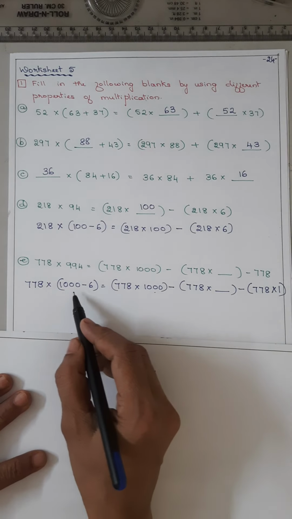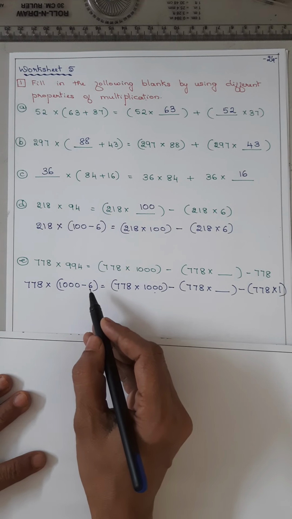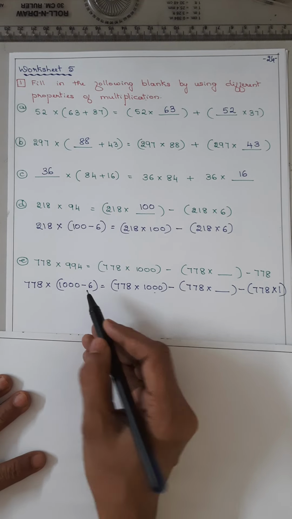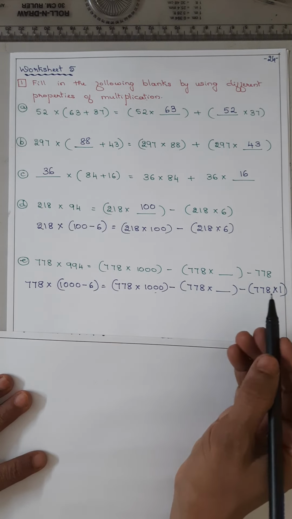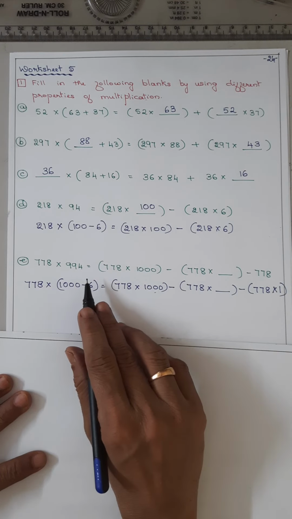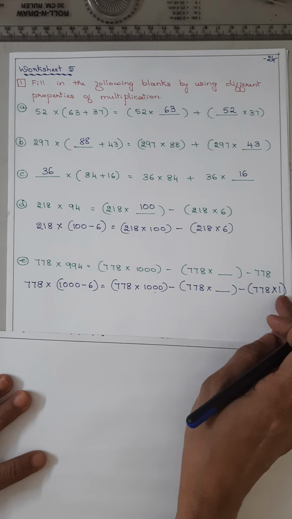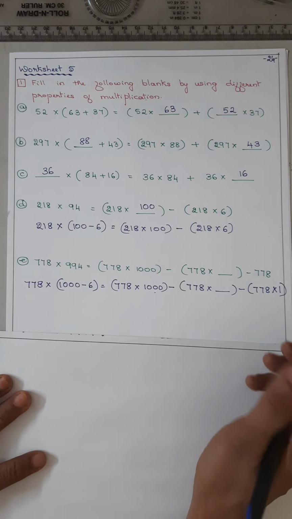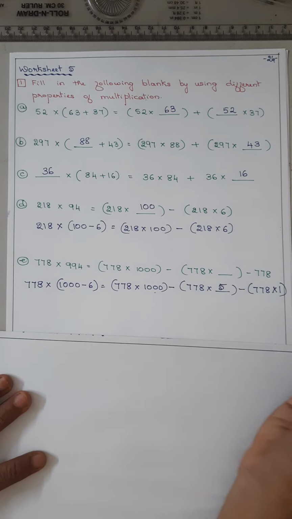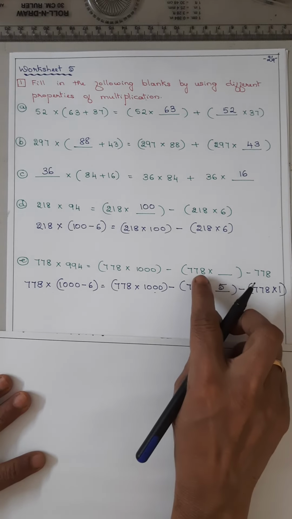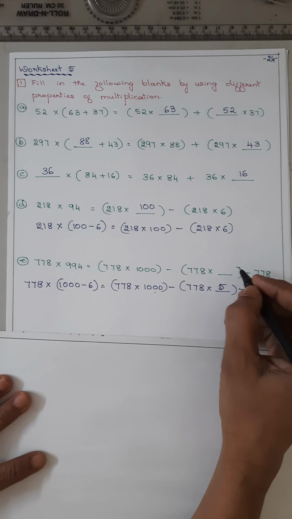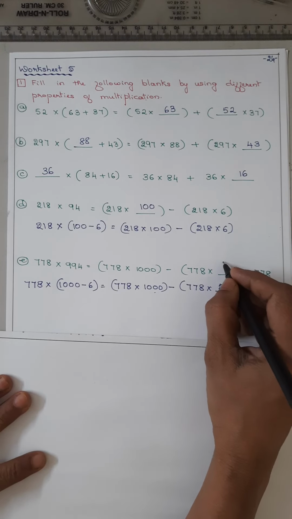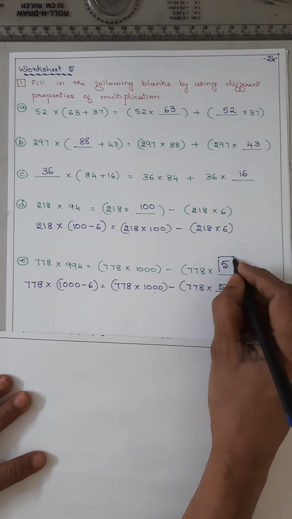So, you know already 1000 minus 6 is 994. लेकिन इधर 1 already है. 1 plus how much is 6? 1 plus 5 is 6. So, the answer is what? 778 minus into the 5 is the answer.